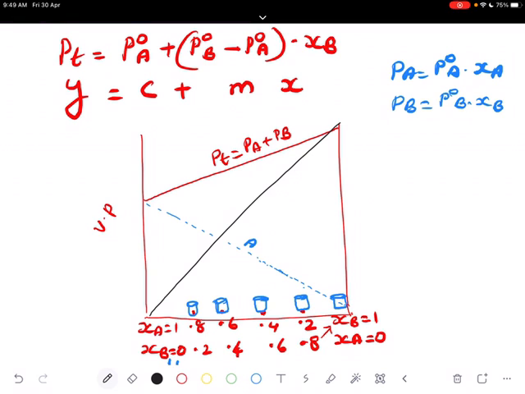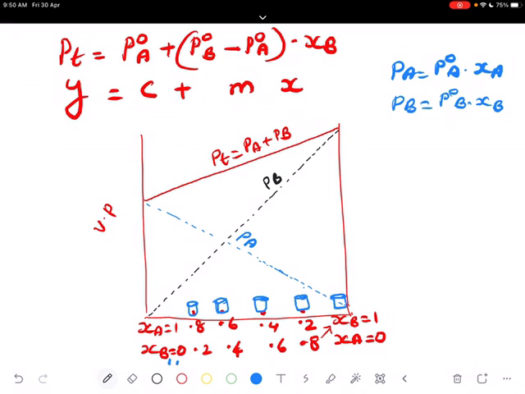So it is increasing. So this is PB, and the blue one is PA. The red one on the top is PT, that is equal to PA plus PB.